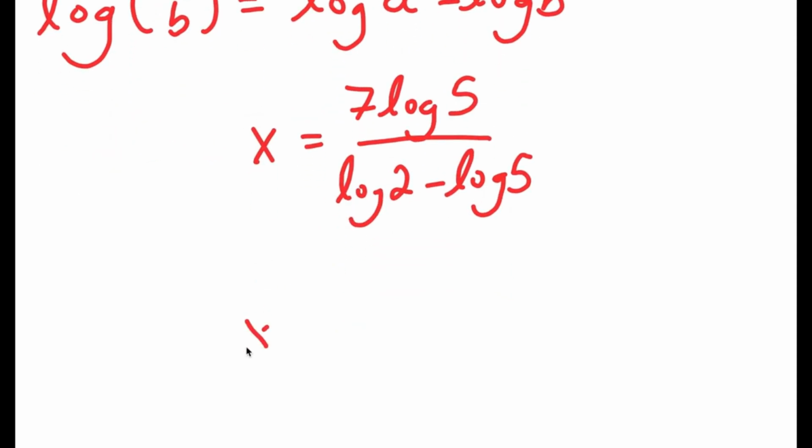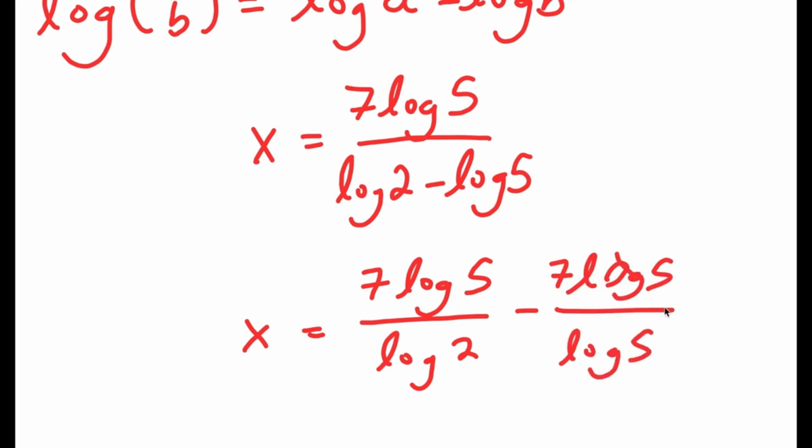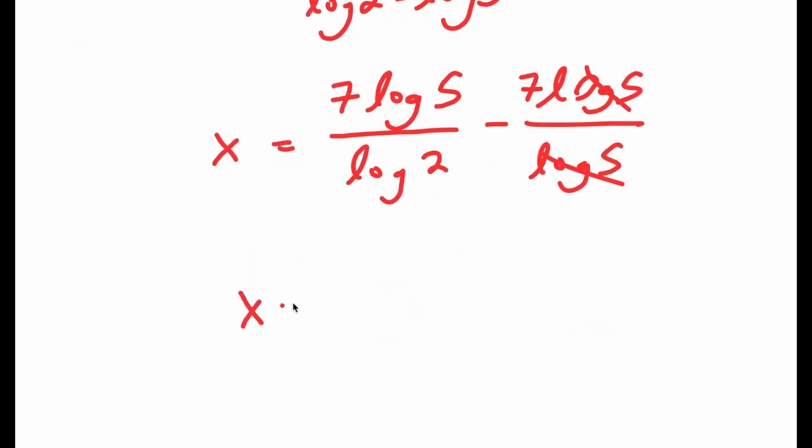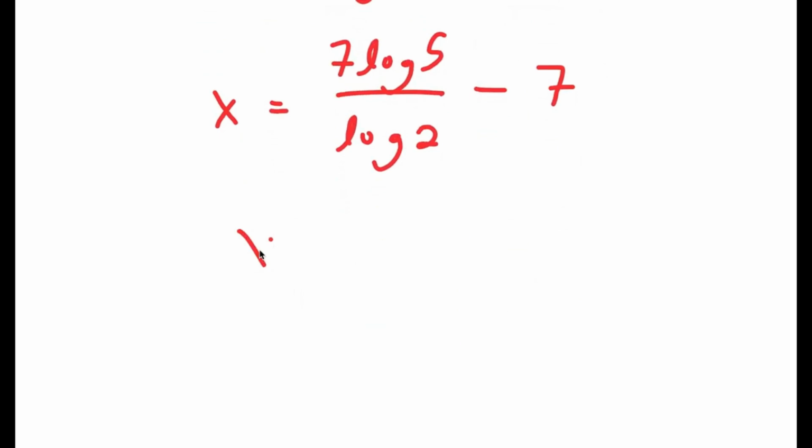And now from here, I get 7 times log 5 over log 2 minus log 5, which is 7 times log 5 over log 2 minus 7 times log 5 over log 5. And these two cancel out, so I get 7 times log 5 over log 2 minus 7. And this is the same thing as 7 log base 2 of 5 minus 7.